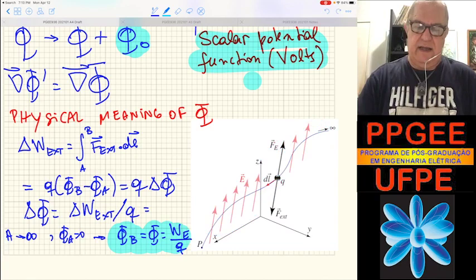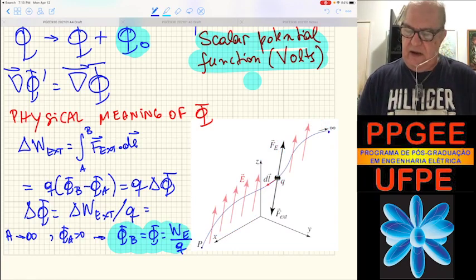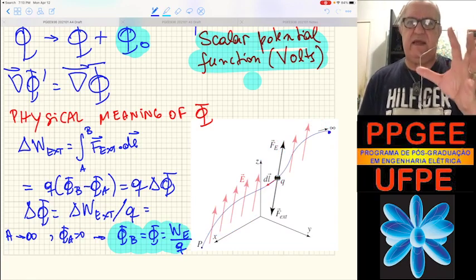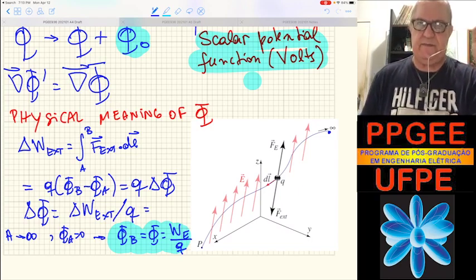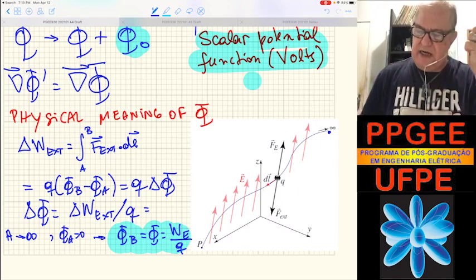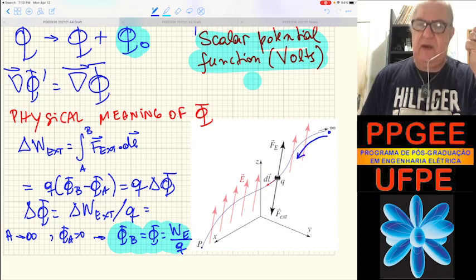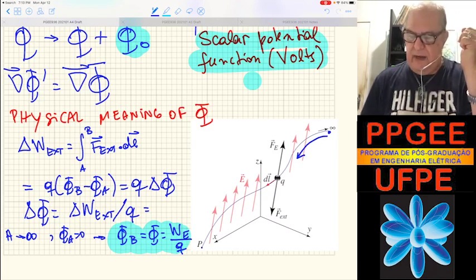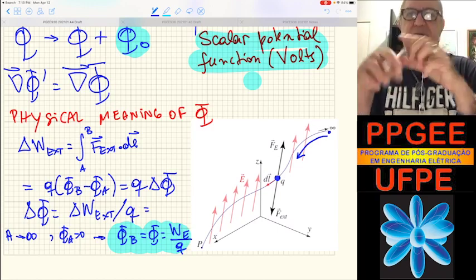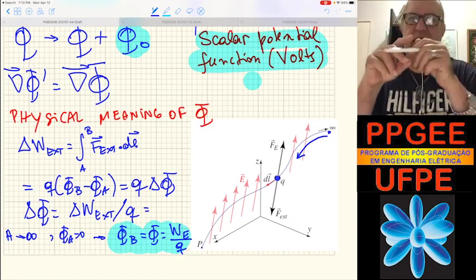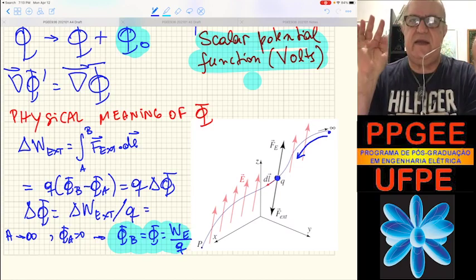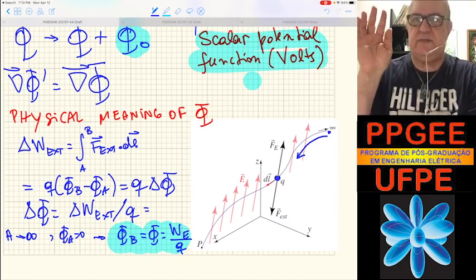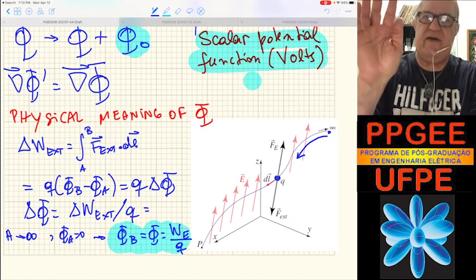Then you have a point charge very far away from this E field, which doesn't feel the influence of the field. Then you bring that charge towards a final position along a path, okay, a curve. You imagine that an external agent is giving energy to this point charge to bring it to the final point.